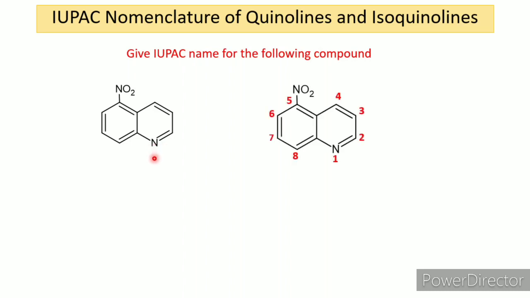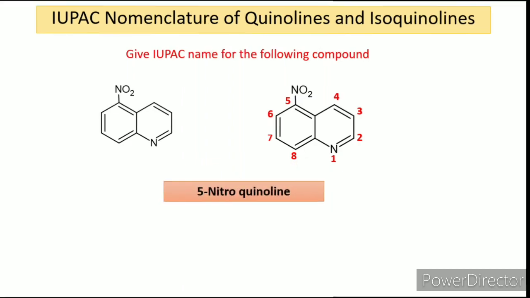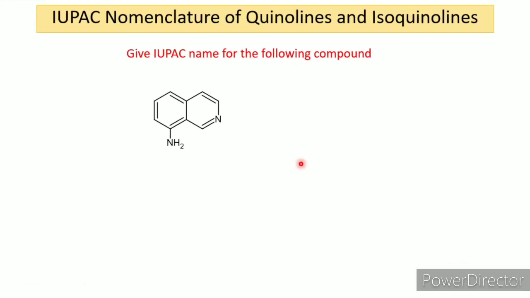Numbering will start from this, so 1, 2, 3, 4. Not numbering this fused carbon, 5, 6, 7, 8. Now you can assign a position to the nitro group. It's 5. So the name of this compound is 5-nitroquinoline.